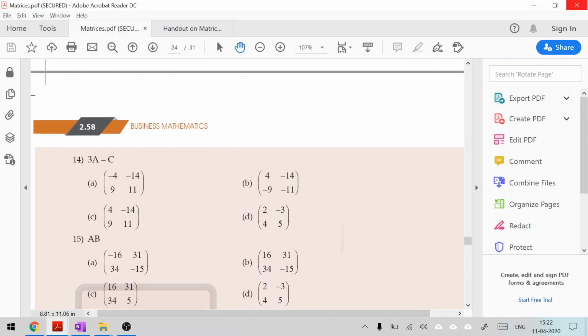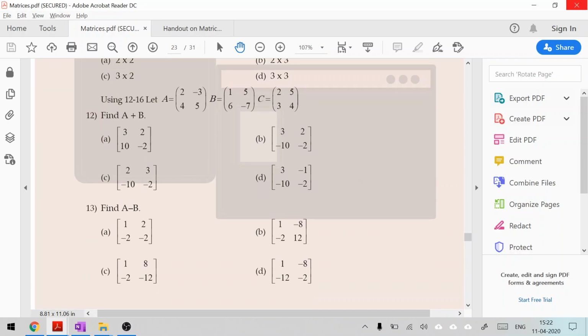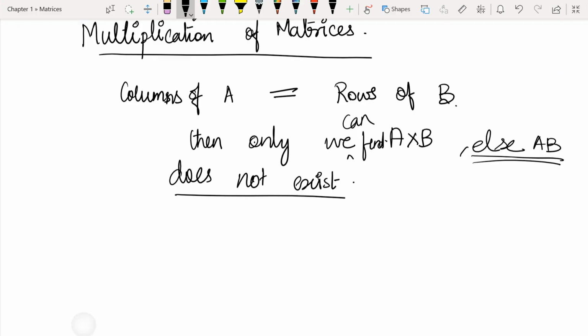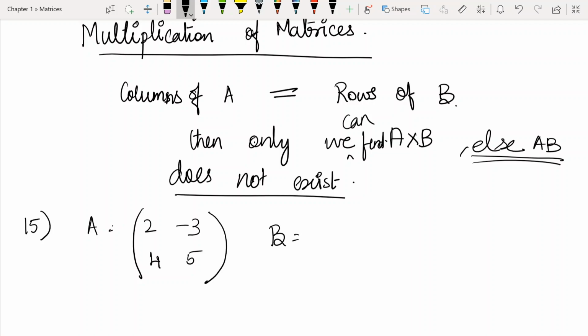To find AB you need to first write down what the A matrix and the B matrix are. This is question number 15. A is 2, minus 3, 4 and 5. Now what is your B?